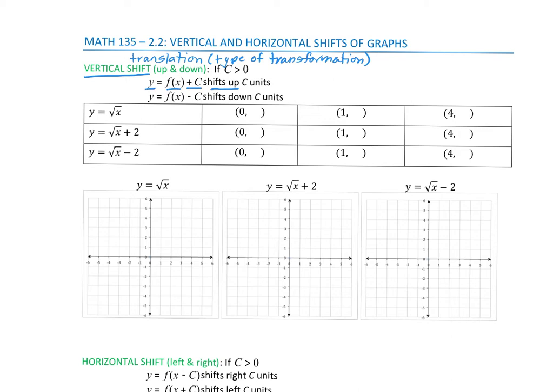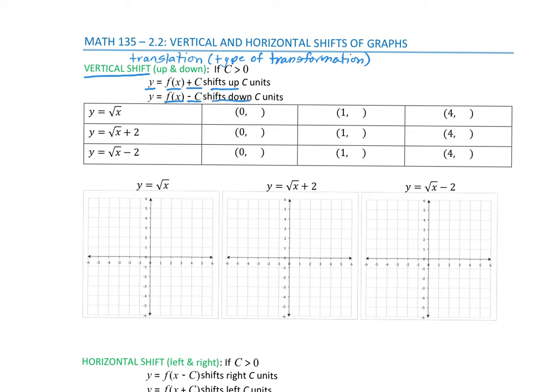Notice that the function f of x has already done its job. It remains the same. That plus c is just adding to the y value, so that would be up in the y-axis direction. Now, if we subtract a value, the function remains the same. We're subtracting from the y value. That would be a shift down. So these should make sense.